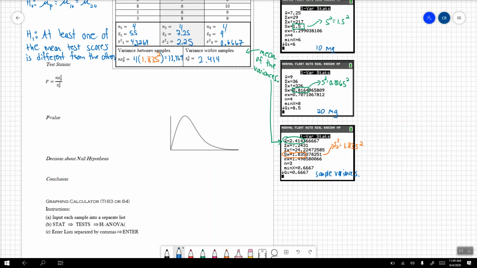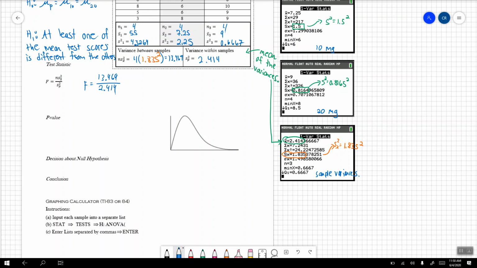So what I want to do at this point in time is calculate the test statistic. The test statistic, according to all of the work that I just did, is going to be this numerator, the variance between the samples that I got as 13.469, divided by the variance within samples, which we got as 2.414.